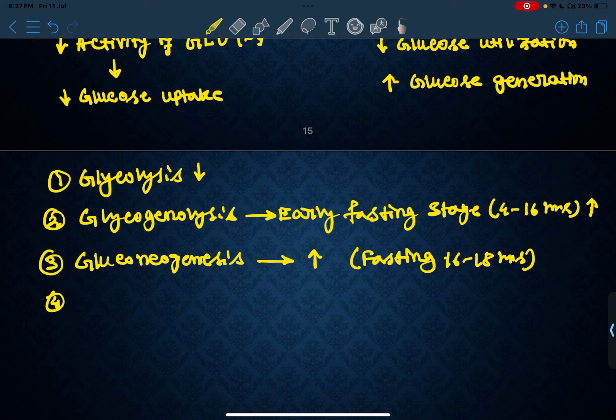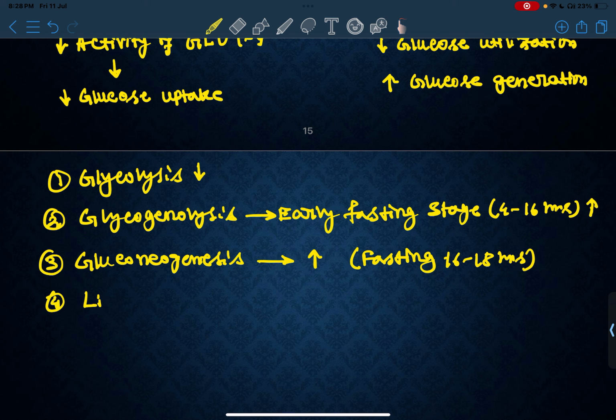Fourthly, lipolysis, formation of ketone bodies from stored triacylglycerol. Do you remember that in regulation by insulin we learned how excess sugar is stored as triacylglycerol? In this case, the stored triacylglycerol is converted to ketone bodies, which are the metabolic fuel.